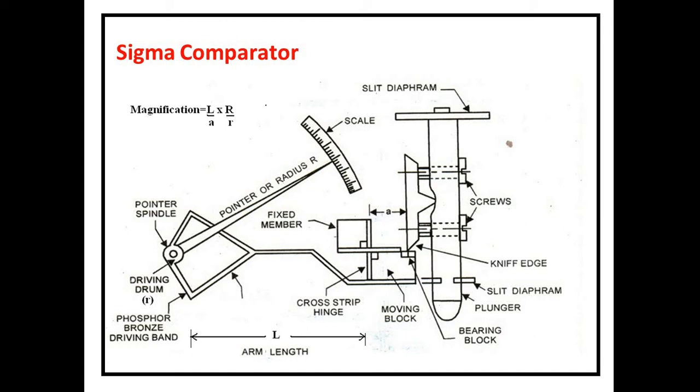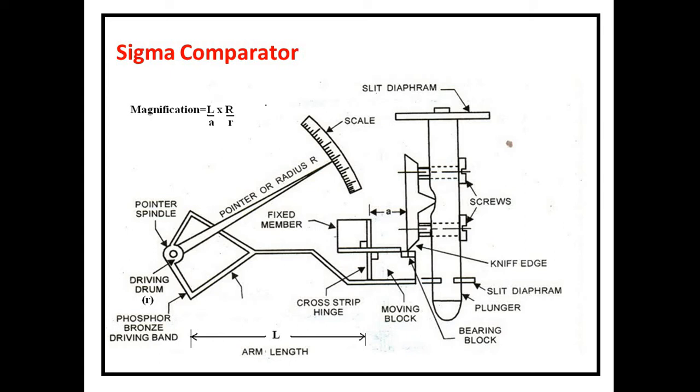Now as the plunger moves, suppose in upward or downward direction, that movement is transferred to this knife edge. The movement transferred to the knife edge is again transferred to the moving member. As this movement is transferred to the moving member, the moving member is going to pivot about the line of intersection. So this moving member is going to swing, isn't it, either in clockwise direction or in anti-clockwise direction. Accordingly this Y arm is going to move, isn't it?